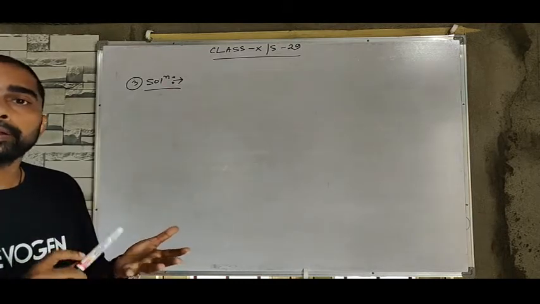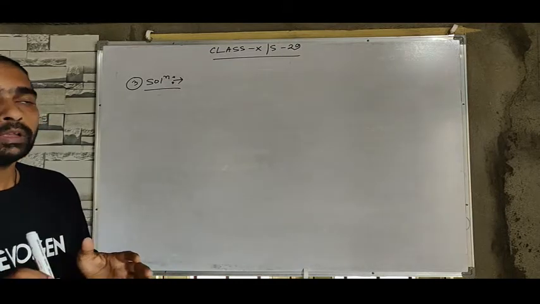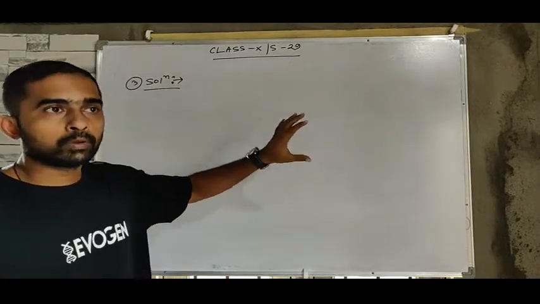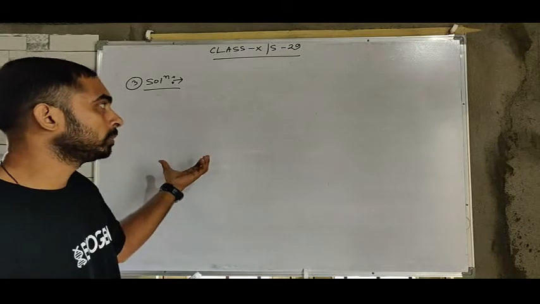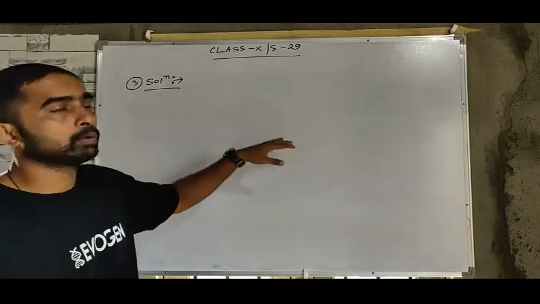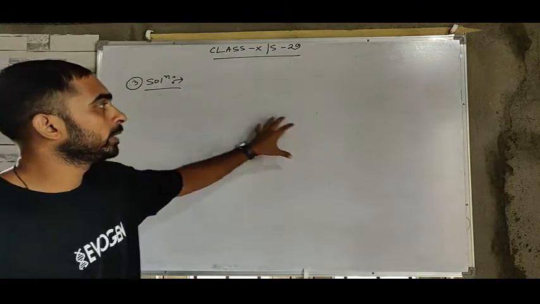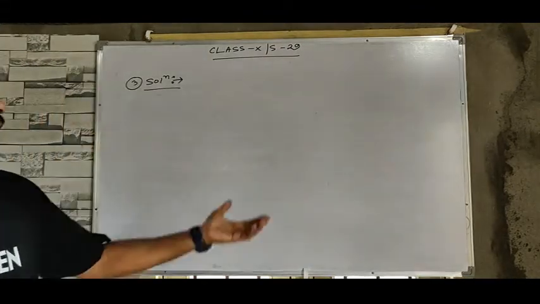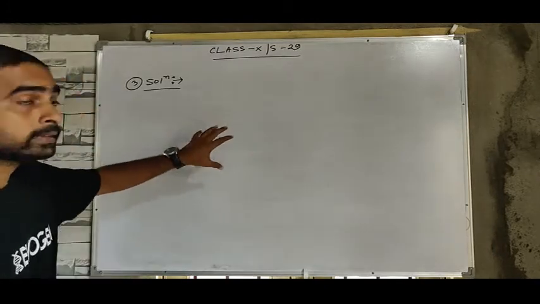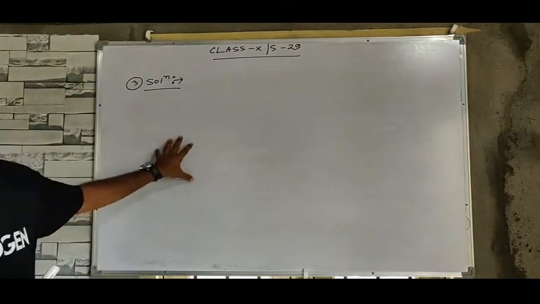So the volume of the well is equal to the volume of the platform, because the platform was formed from the soil that comes up from the well. So the volume of the platform, that is the cuboid, is equal to the volume of the well.